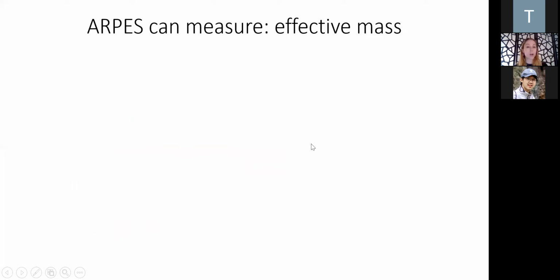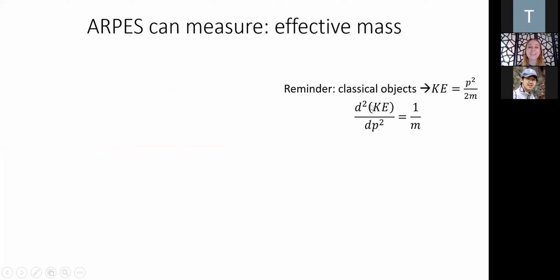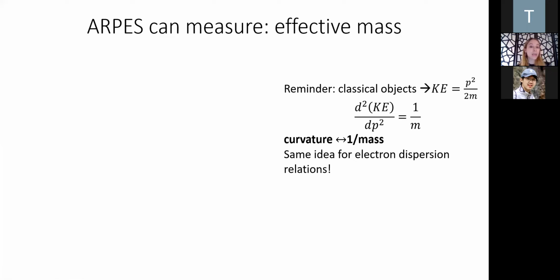Another thing that ARPES can measure that can also be understood with a classical analog is effective mass. For classical objects, we have this equation that I keep showing, and the second derivative of energy with respect to momentum gives 1 over the mass. So we have this relationship between curvature and inverse mass. And the same idea holds for electronic dispersion relations.